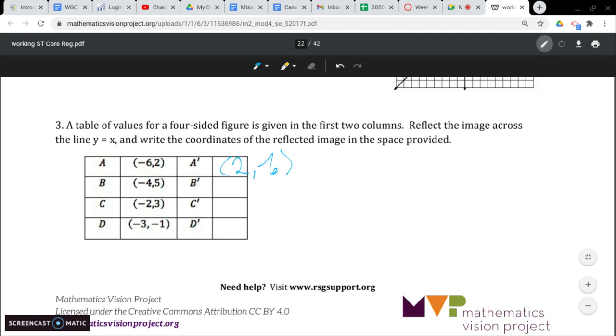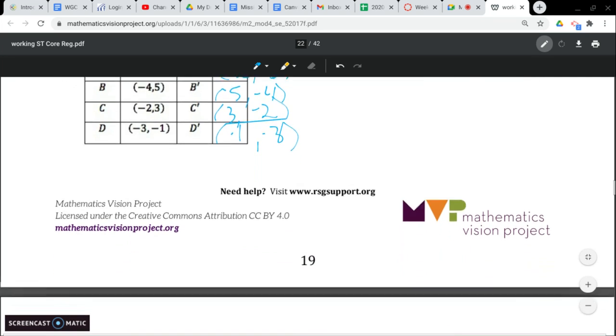For B prime, it's going to be 5, -4. For C prime, it's going to be 3, -2. And for D prime, it's going to be -1, -3. So reflecting over the line y equals x is all about just flipping your x and y values.